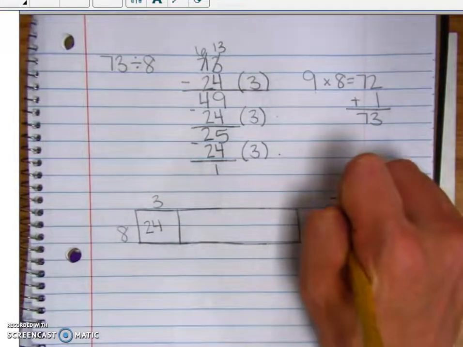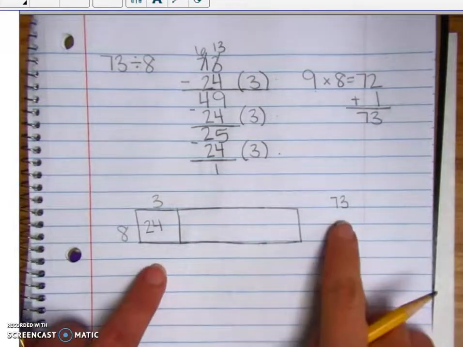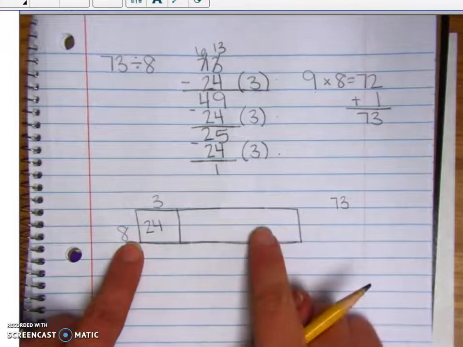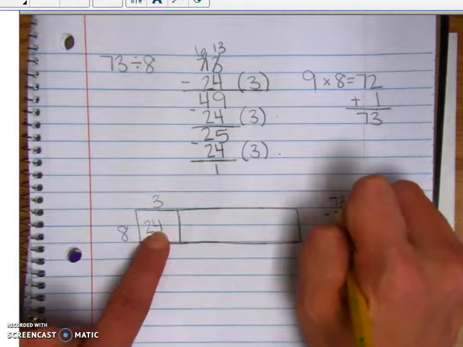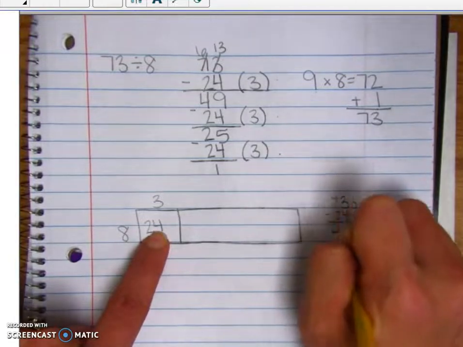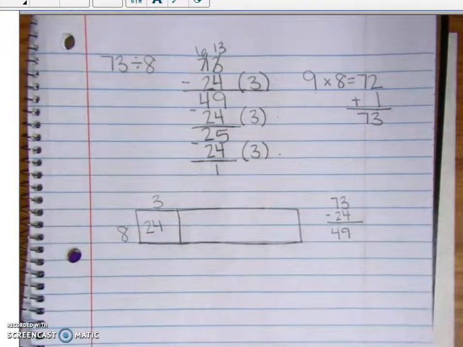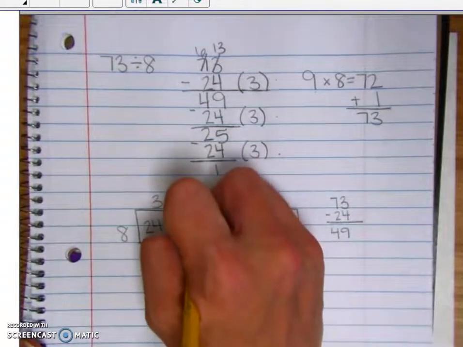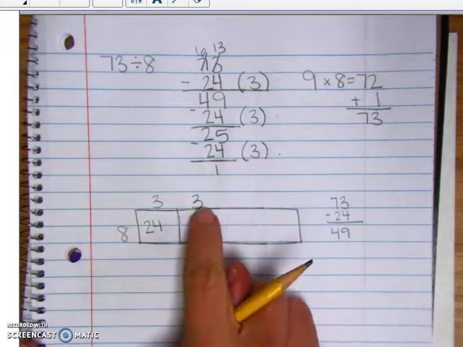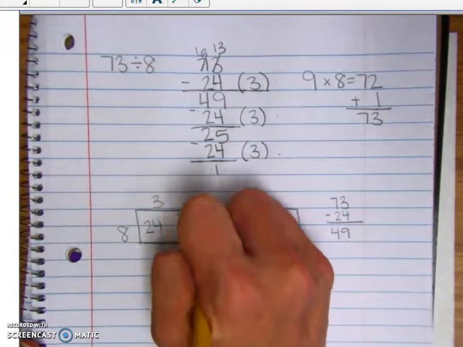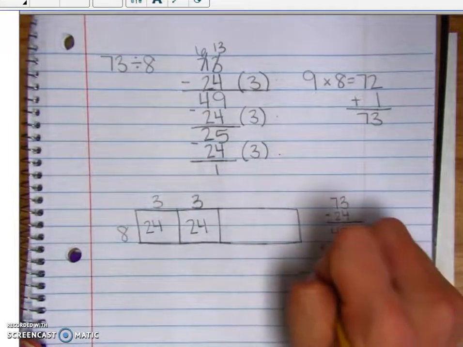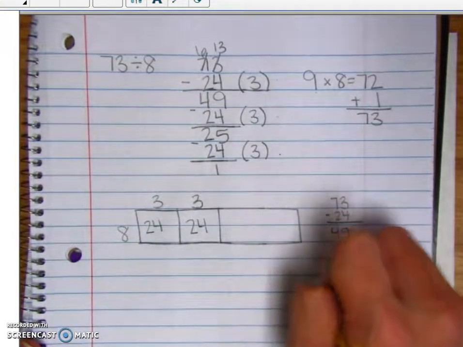We started with 73, and that's what has to be in this total box. So I've used 24 of them, so let's go ahead and subtract that. And then I know my 8 times tables again. I know that I can put 3 more coats inside each of the 8 boxes, which makes 24 coats. So subtract that as well.